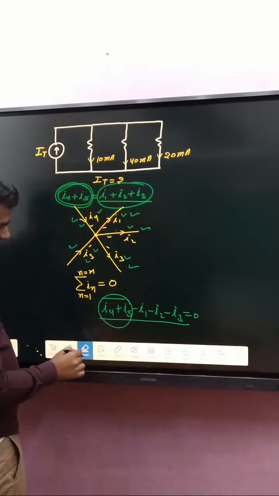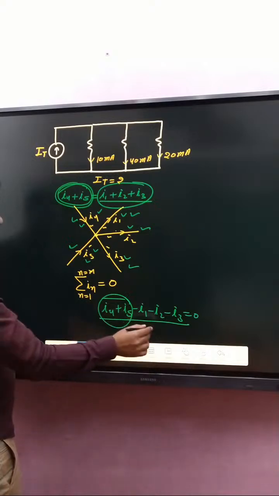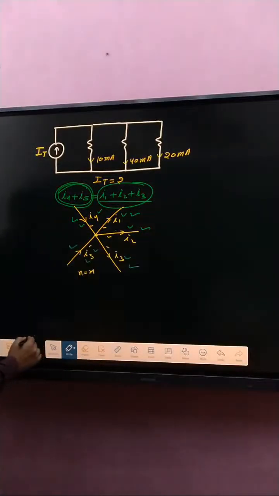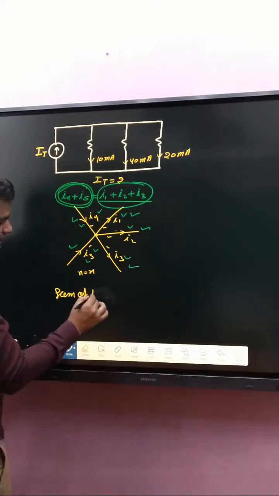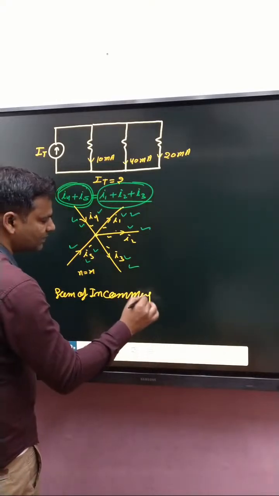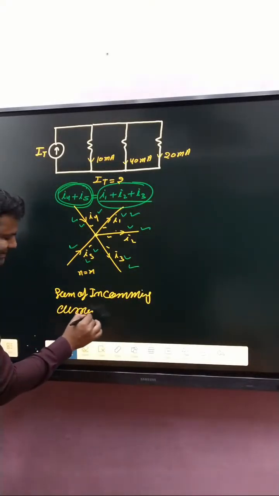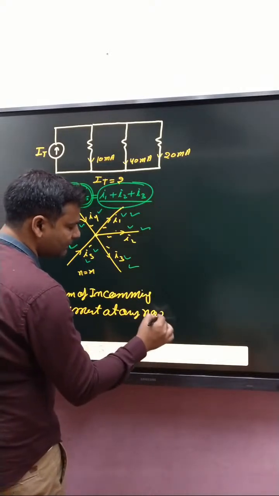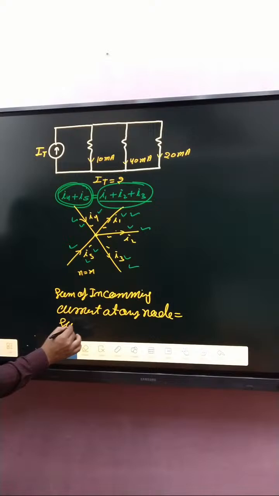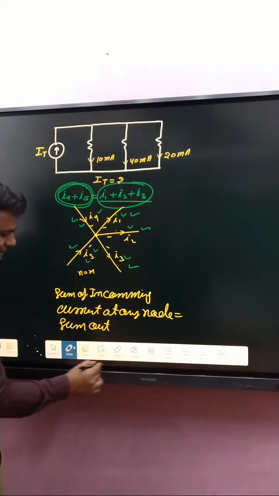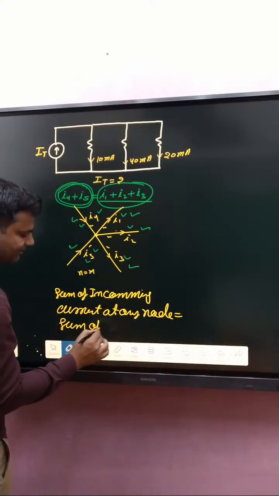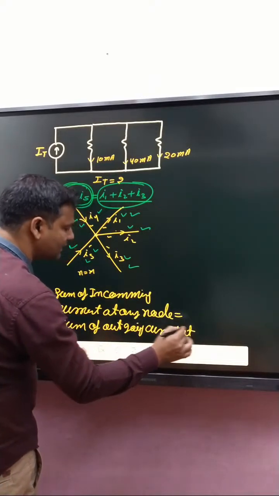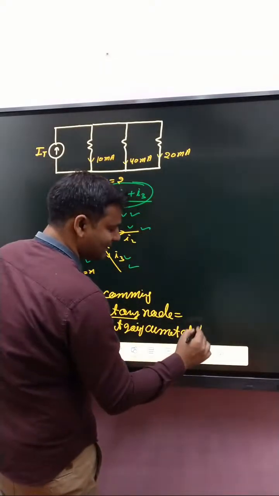What is the meaning of that? The sum of incoming current at any node is equal to the sum of outgoing current at that node.